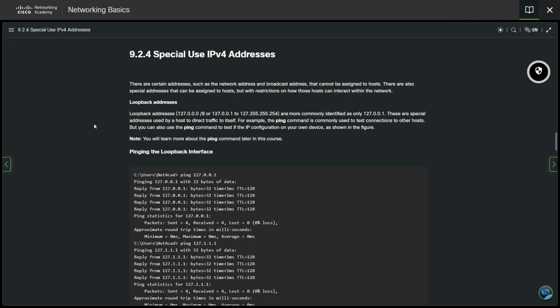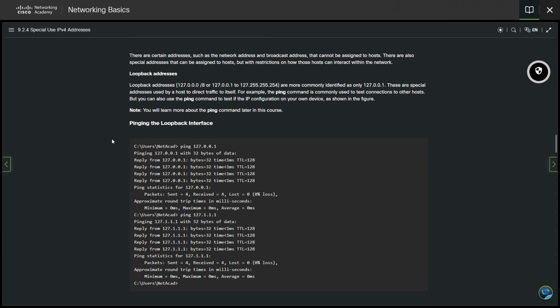These are special addresses used by a host to direct traffic to itself. For example, the ping command is commonly used to test connection to other hosts, but you can also use the ping command to test the IP configuration on your own device, as shown in the figure. Note: you will learn more about the ping command later in this course.